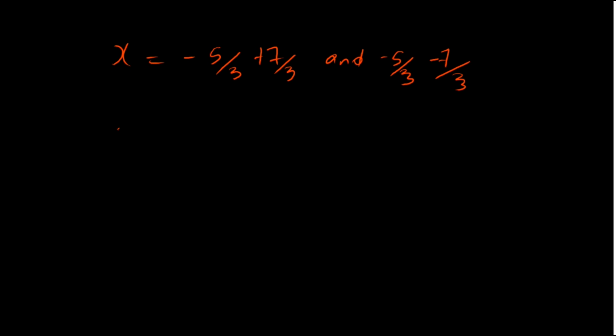So let's go ahead and please bear with my lovely handwriting. So we have negative 5 plus 7, which gives us positive 2/3. And we have negative 5 and negative 7, which gives us negative 12. And negative 12 divided by positive 3 will give us negative 4. So therefore, x is equal to 2/3 and negative 4.